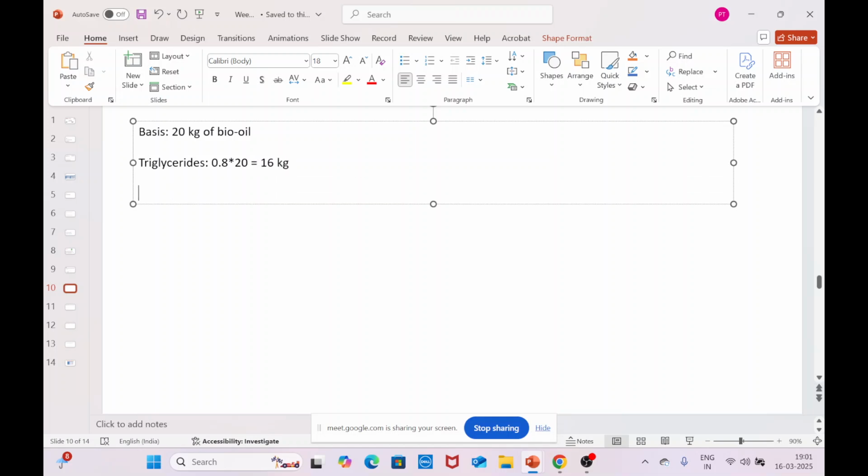So in terms of moles of triglycerides, it will be 16 by 722 grams. Here it is in kg, so you can write it as 0.722, or you can take it as 16,000 by 722.